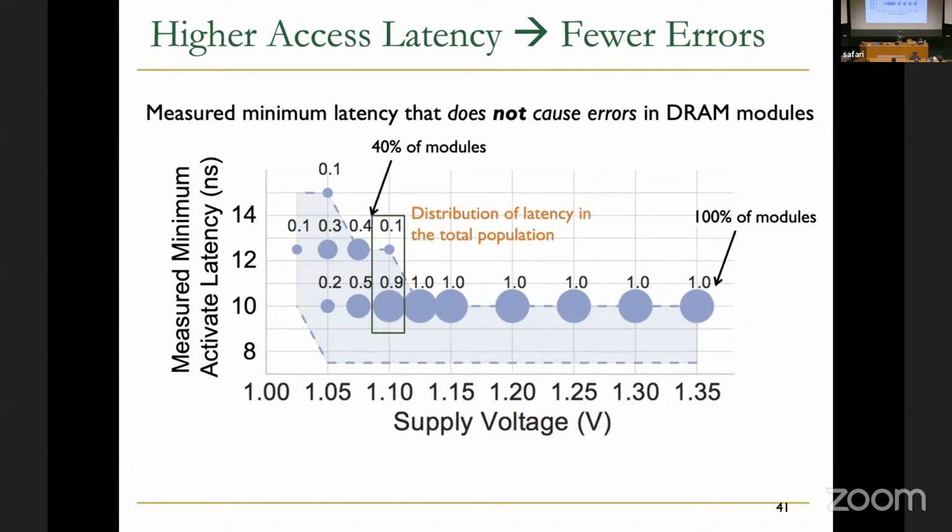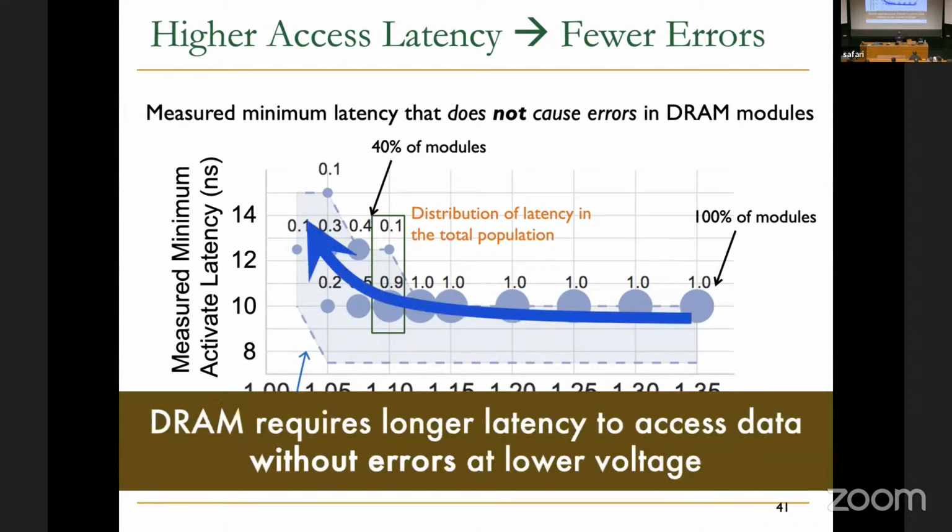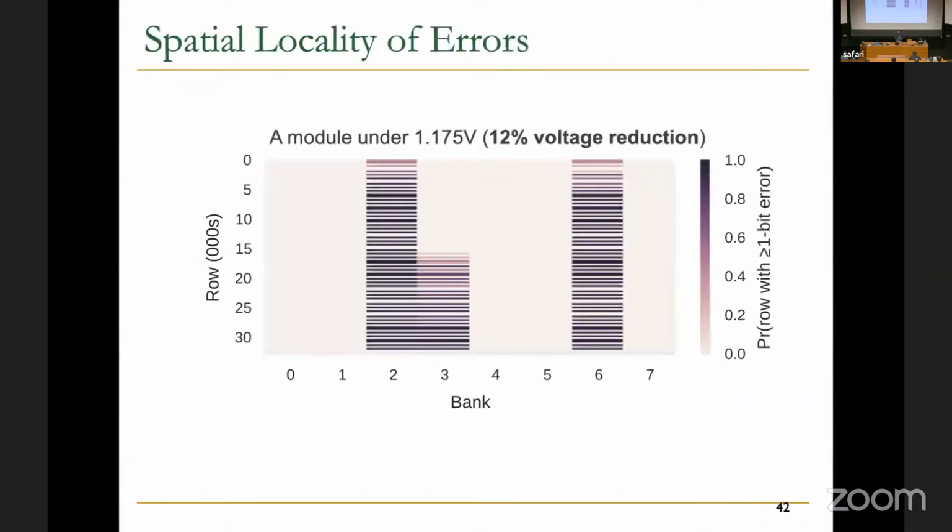So this is basically showing the distribution of the latency in the total population. And this dashed line shows the lower bound of the latency because we measure it with a precision of 2.5 nanoseconds. The main takeaway is that DRAM requires longer latency to access data without errors at lower voltage.